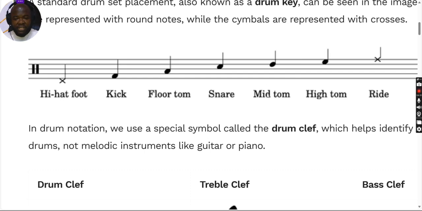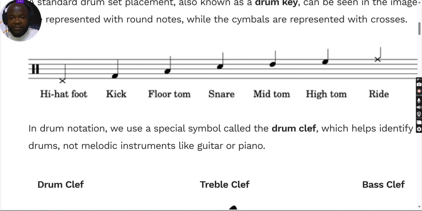And then you would see the mid tom is coming on the fourth line, and then the high tom is coming on the fourth space.